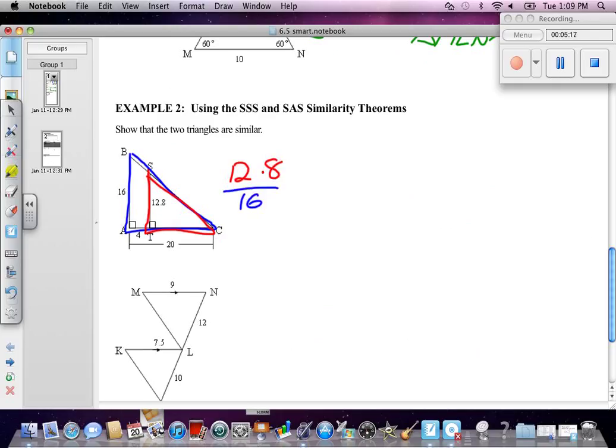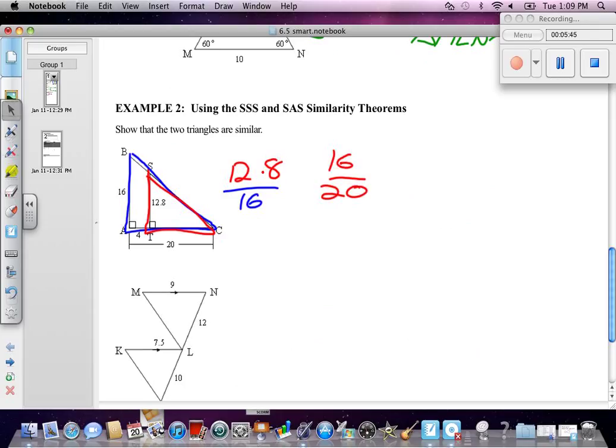Is this going to be side-side-side similarity or side-angle-side? And how do we know that? Because there's a right angle there. Okay, I know that the red one is what? What is this bottom from C to T? 16. Correct. And I know it's 16 because this length is 4.